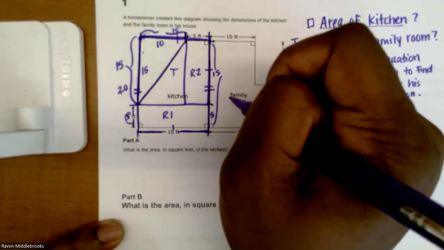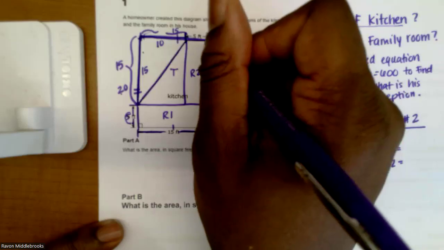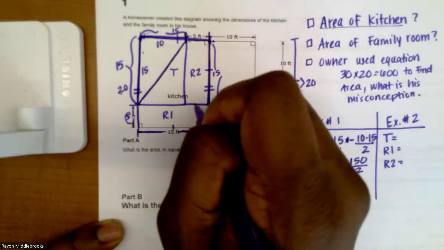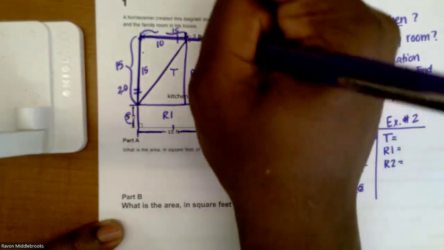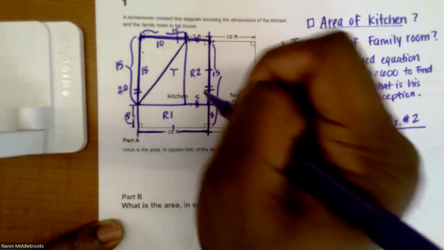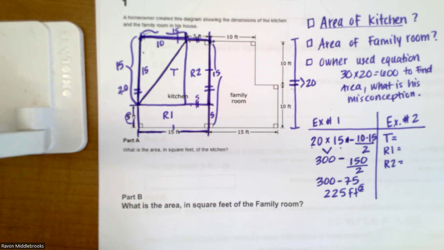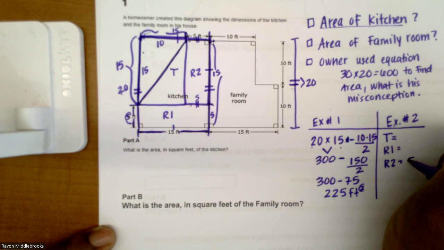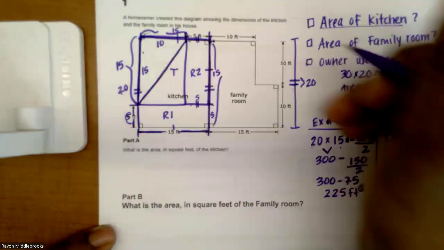I know that from here to here is 5, so from here to here is also 5. So rectangle 2 base is 5, and the height is 15.